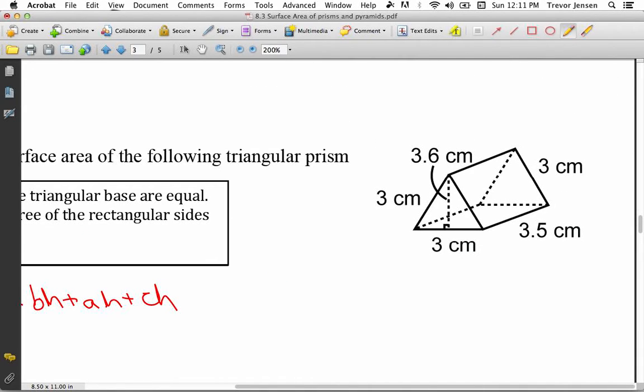All we have to do now, okay, let's label all of these numbers we have here, figure out which one is our ABC, which one is our L or H. So remember, start off, label the base of your triangular base with a B. So here it is here.